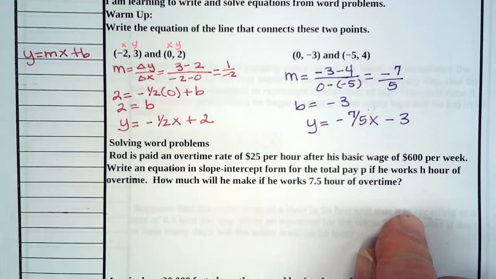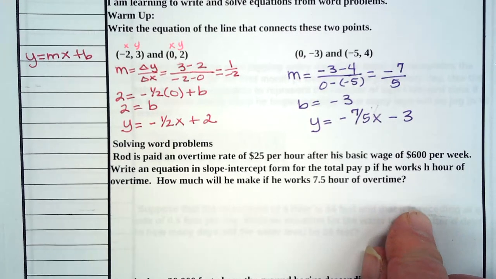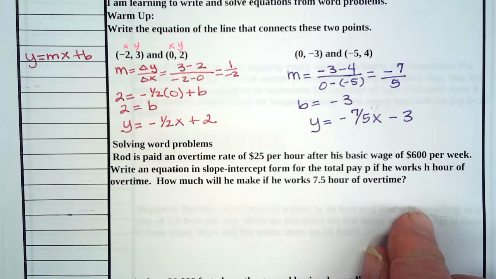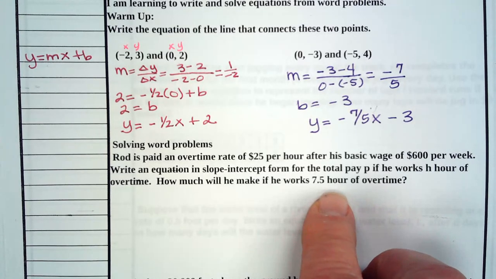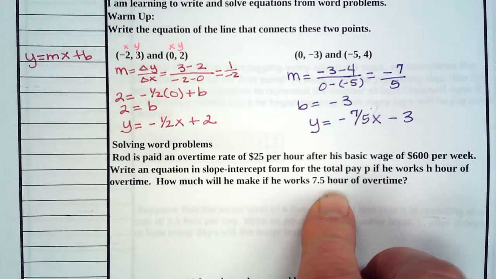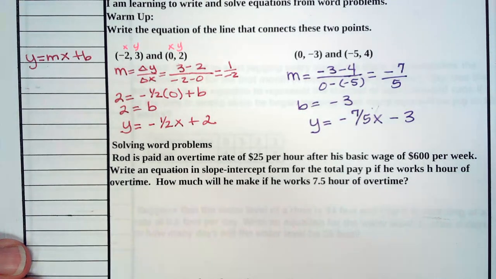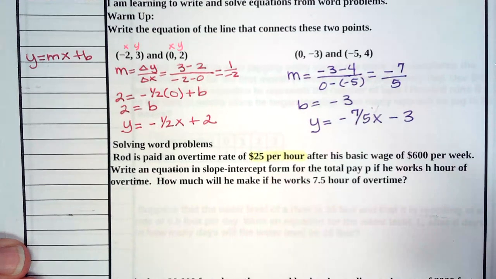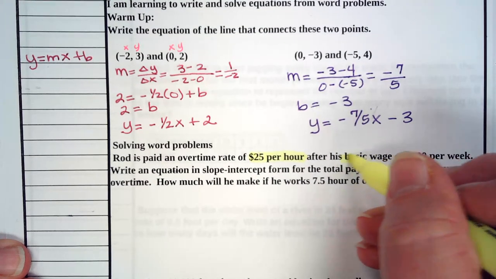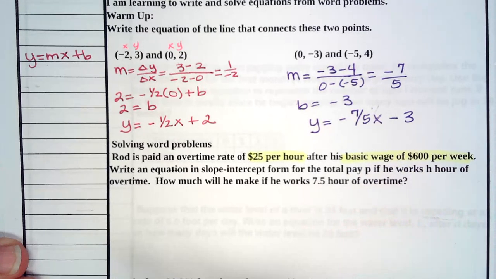So this is a 2-part problem. First, you have to write the equation, and then you have to input 7.5 in the right position in that equation.